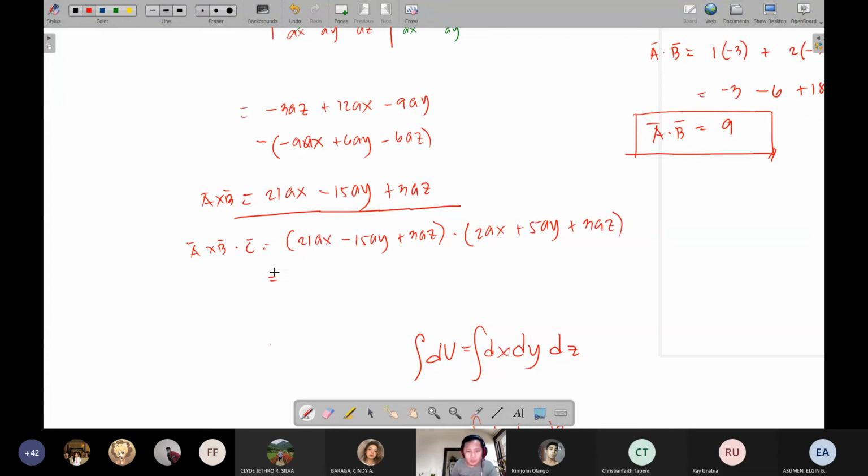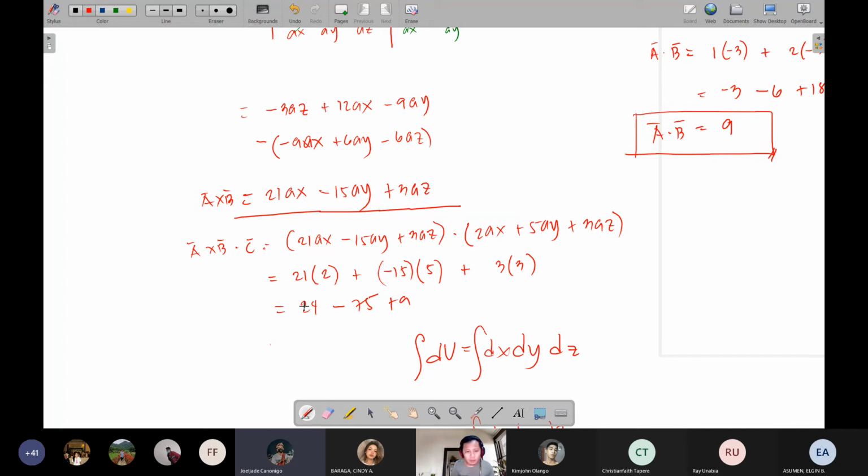So this will be 21 times 2 plus negative 15 times 5 plus 3 times 3. Or this is 24 minus 75 plus 9. Am I doing it right? 24 minus 75. 21 times 2, sir.